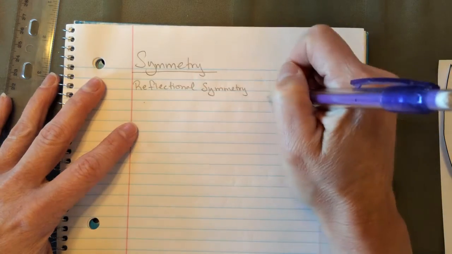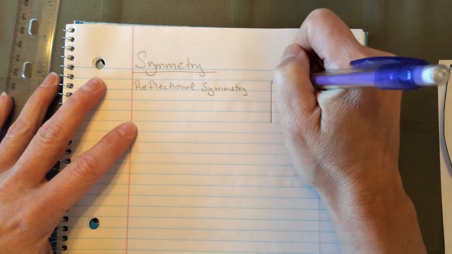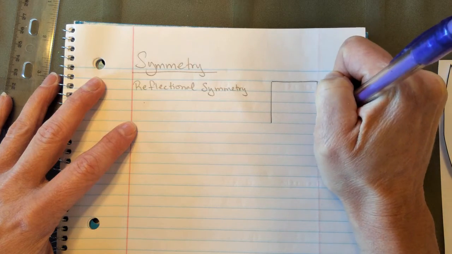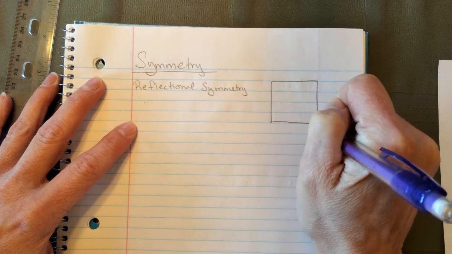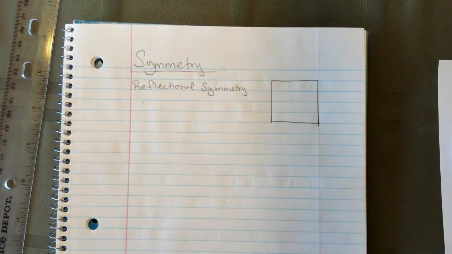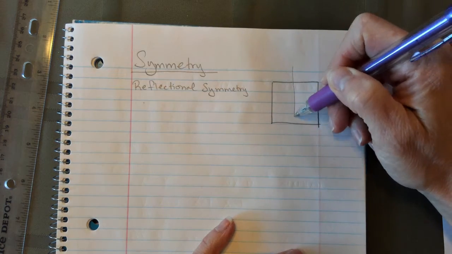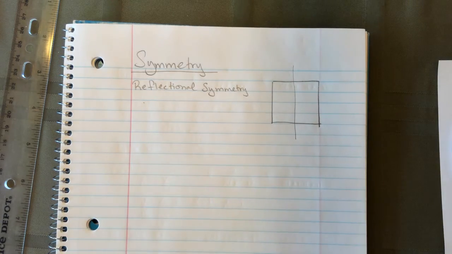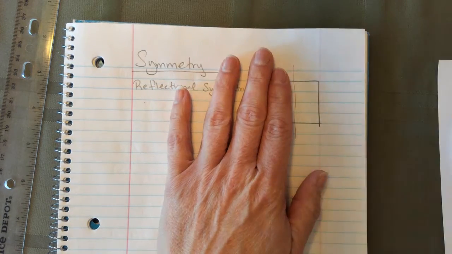So I'm going to draw you guys a bad picture because that's what I do best. I want to draw my attempt at a square, and that's not that bad. I've had much worse, as you've seen. So when I look at the square, how could I cut it so that it would fold on top of itself? Well, I think it would make sense that I could cut it in half from right to left and fold it.